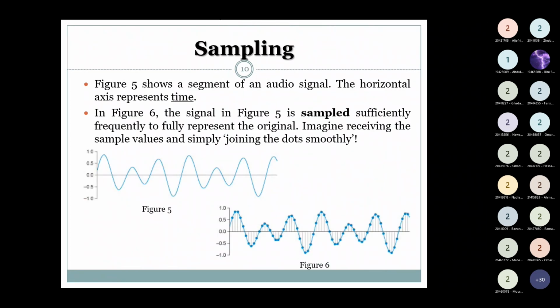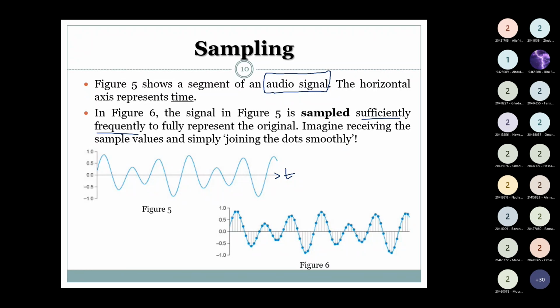Okay, let's start with sampling now. See this sampling. Figure 5 shows a segment of an audio signal. An audio signal is an analog signal. The horizontal axis represents time. In figure 6, the signal in figure 5 is sampled. Now I will take samples from this signal, at these points, sufficiently frequently.